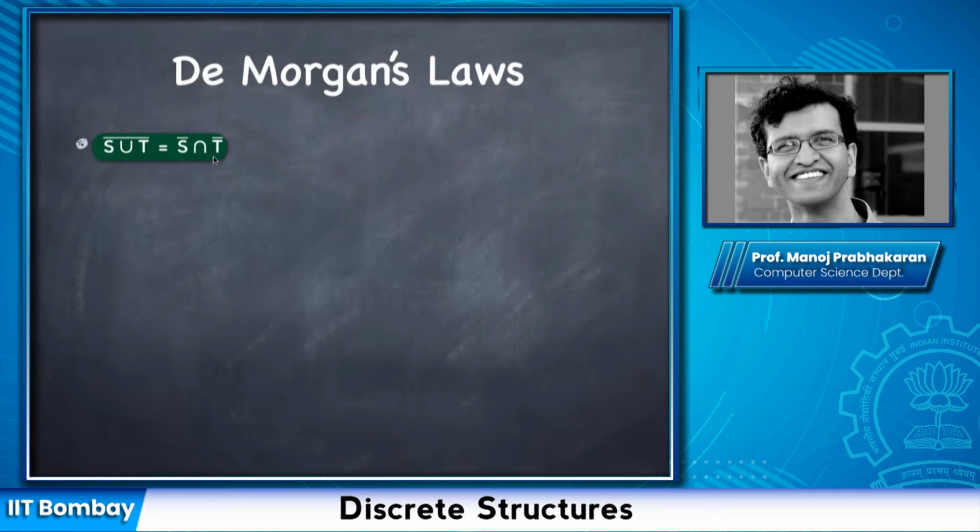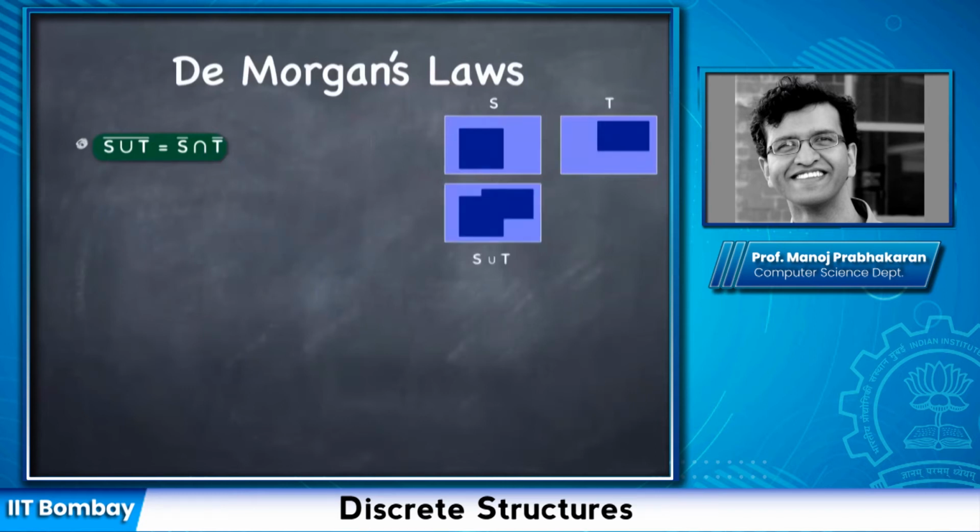Okay. Let's visualize this. So going back to our Venn diagram of S and T, S union T we saw looks something like this. The dark portion again is the set, the members of the set, and outside of the dark portion are not in the set. Okay, so let's bring back our looking glass, which we used to reflect propositions to their negations.